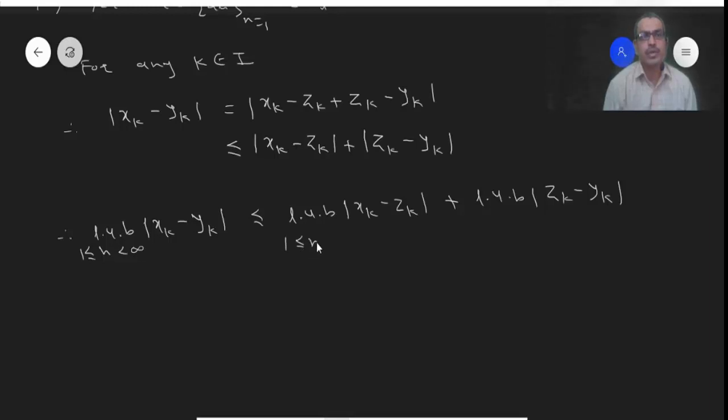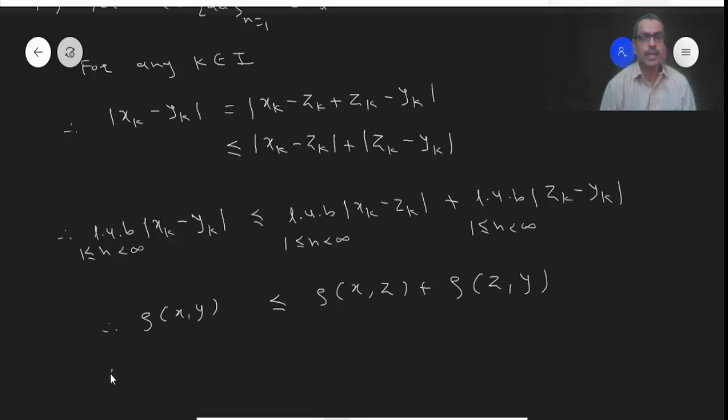Therefore, rho of xy is less than or equal to rho of xz plus rho of zy.